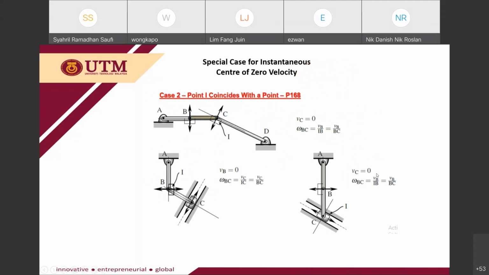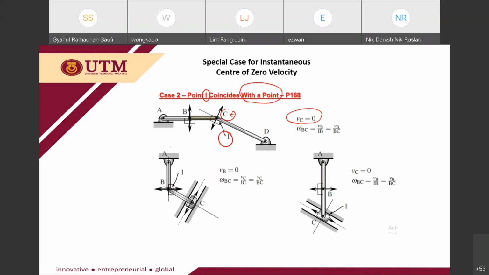Okay, and another special case is where your point I coincides with a point, like we did previously. For this case, your I is located at point C. If your I is located at point C, then your VC is equal to 0. For the center of rotation, the linear velocity will become 0.